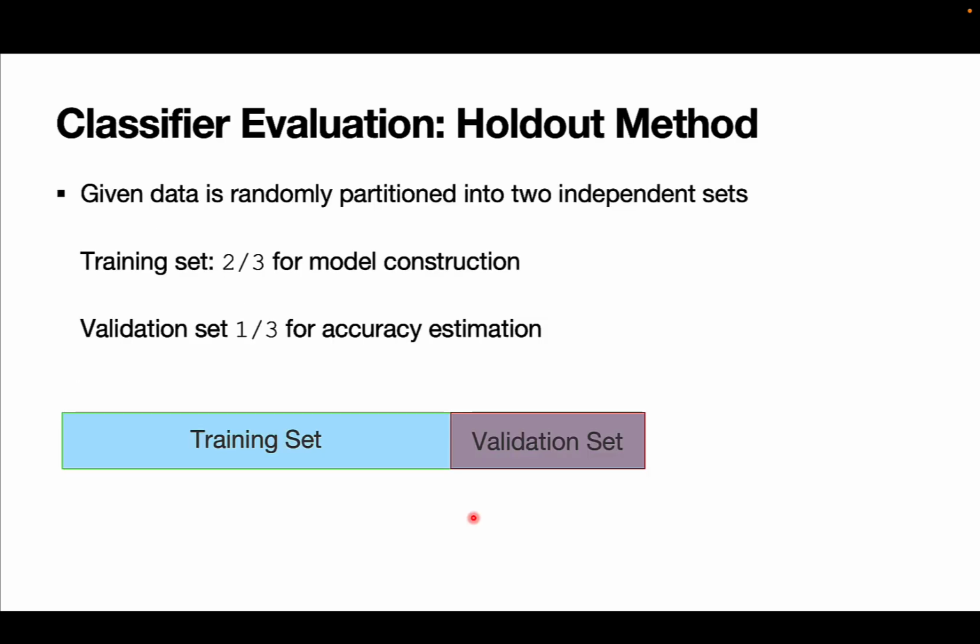The holdout method is a simple approach where we split the dataset into two parts: the training set and the validation set. Typically, 2/3 of the data goes to model construction and 1/3 of the data for accuracy estimation. One drawback of this method is that the performance may depend on this random split.